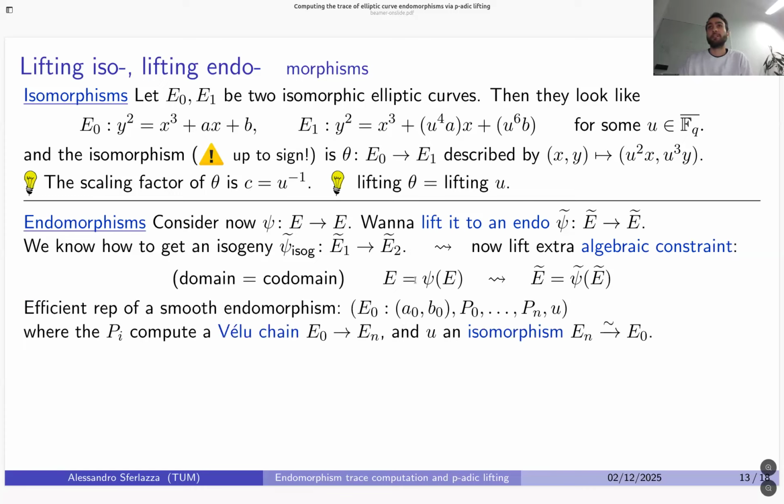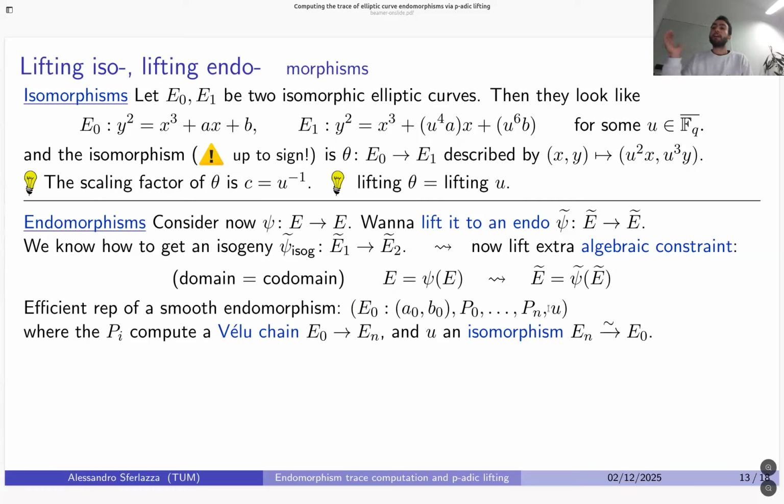Again, the same strategy. So for example, to be more explicit, let's say we've got an endomorphism that is represented as a chain. So we've got the usual data, the domain, and all the kernel points of the steps.